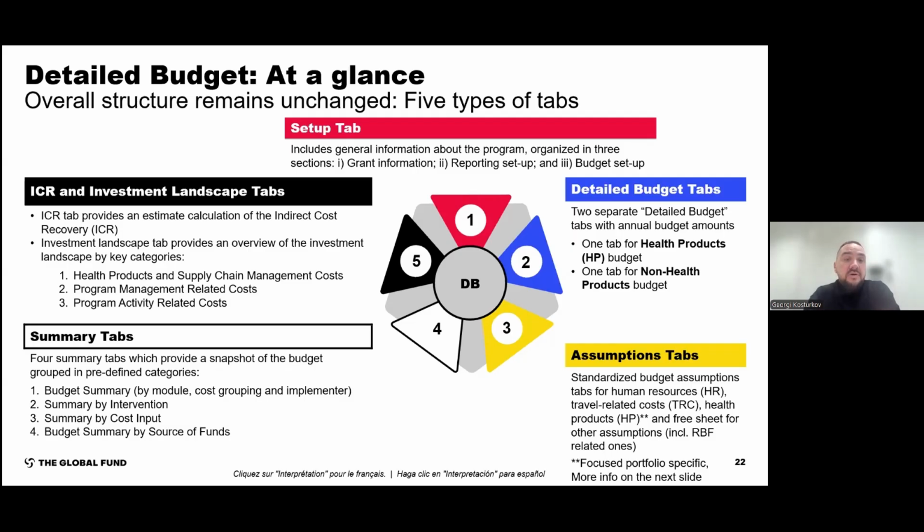The setup tab includes general grant information, reporting setup and budget setup. The main information that the PRs will need to include continues to be the fiscal cycle of the grant, reporting periods, the FX rate, which will be communicated by the Global Fund centrally, the indirect cost recovery, if it applies, the type of PR and SRs, as well as the need for HPMT.